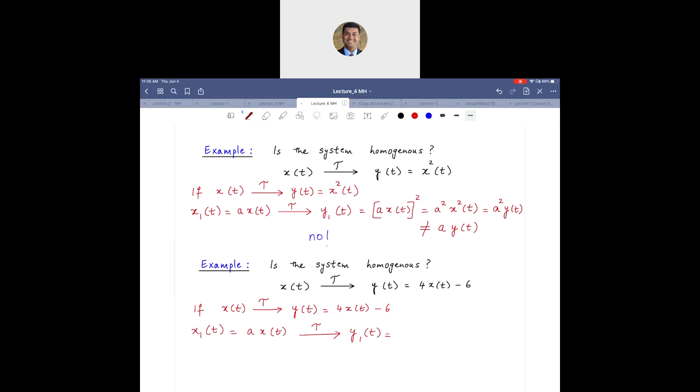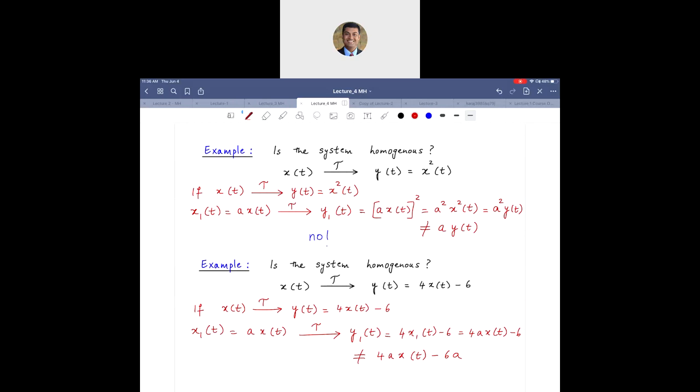Let's write it down in two steps for clarity. y1 of t is 4x1 of t minus 6, which is equal to 4a x of t minus 6. And as you can see, this is not equal to 4a x of t minus 6a.